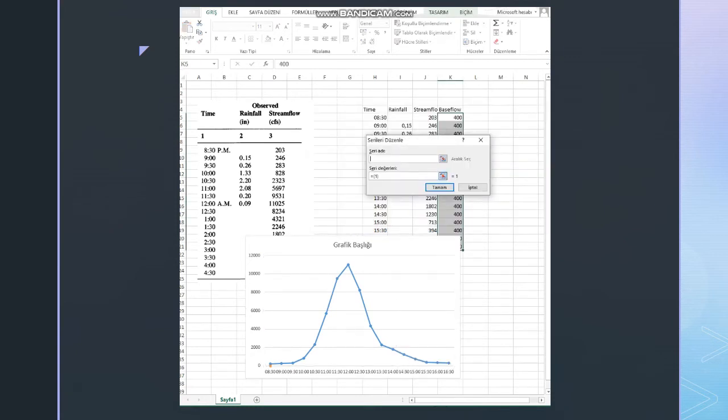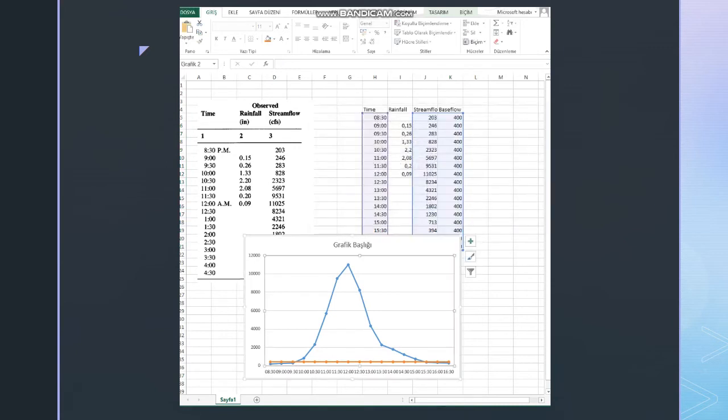Then let's add here to see how the base flow is shown on our graph. As you see, it is a fixed base flow on the red line. Then above it is our stream flow, with the rising limb and falling limb.